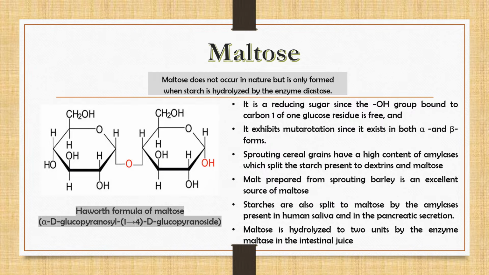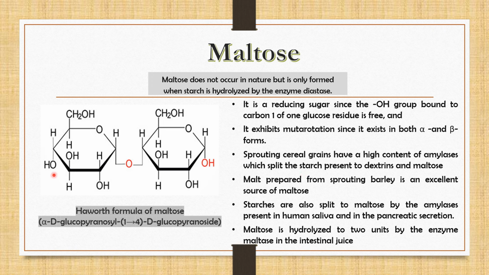Maltose does not occur freely in nature, but is formed when starch is hydrolyzed by the enzyme diastase. Maltose is formed between two glucose molecules in an alpha 1,4 glycosidic bond.